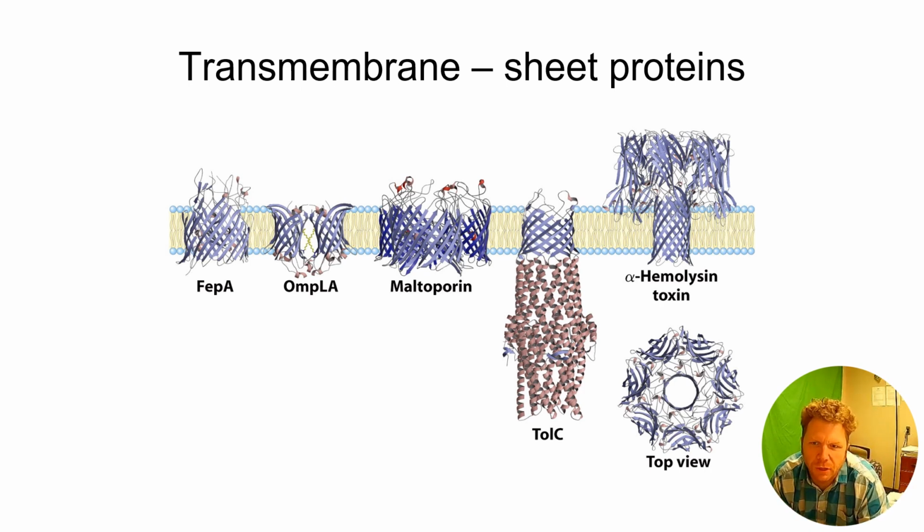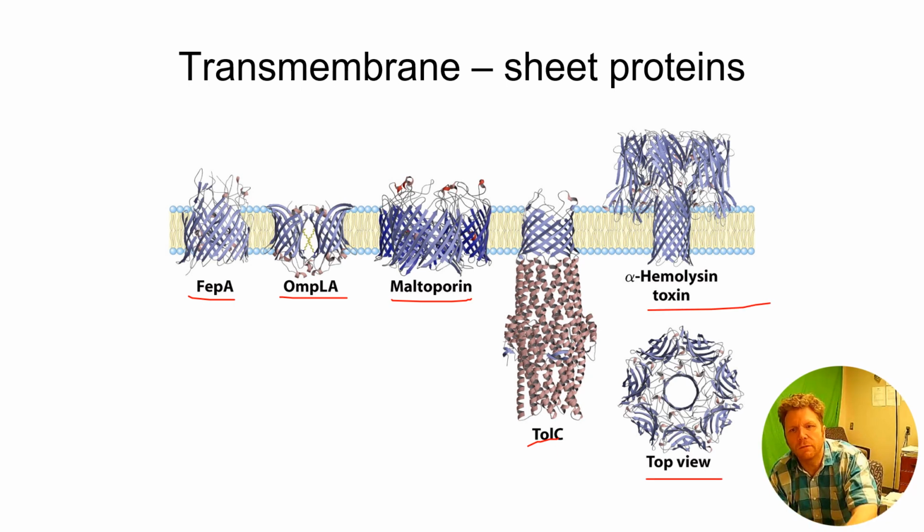Now here's a good depiction of what some of those transmembrane proteins can look like if, rather than alpha helices, they're beta sheets. What I want you to do is take a quick glance at these proteins and then look at the top-down view. Effectively all of these proteins have a similar top-down view structure because they're all capable of making a little pore in the membrane so that nutrients or molecules can flow through.